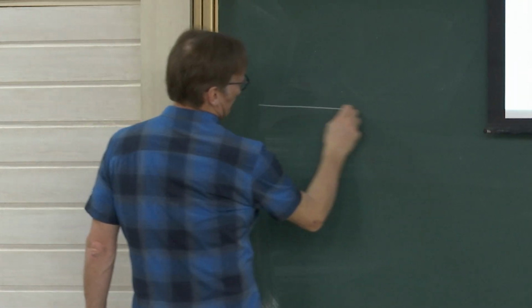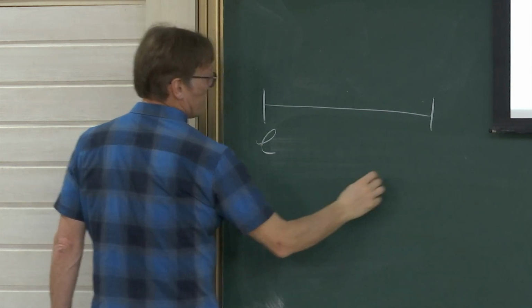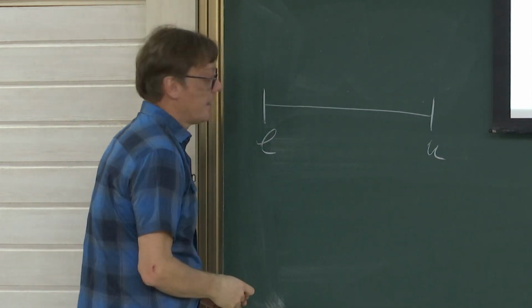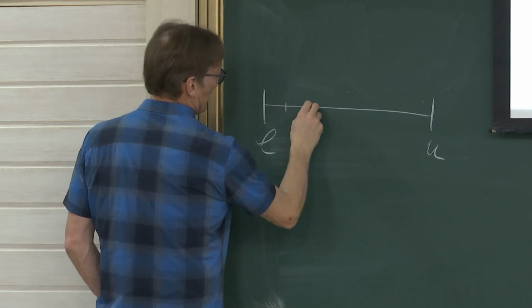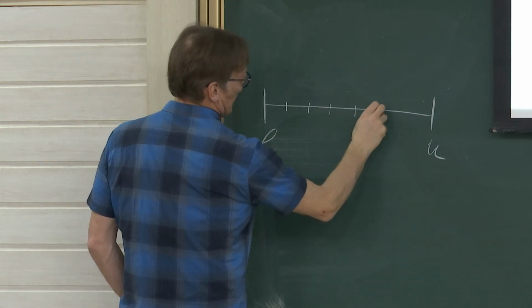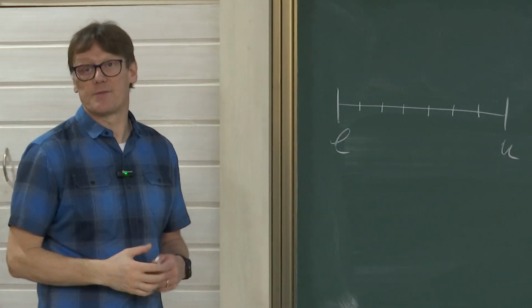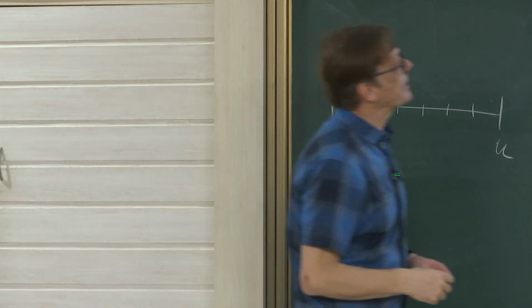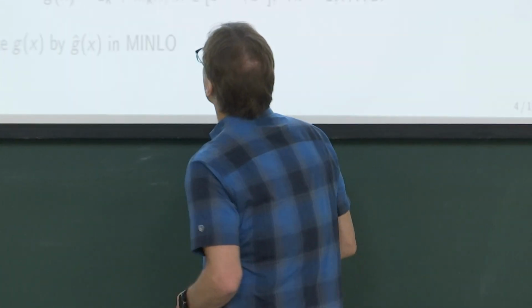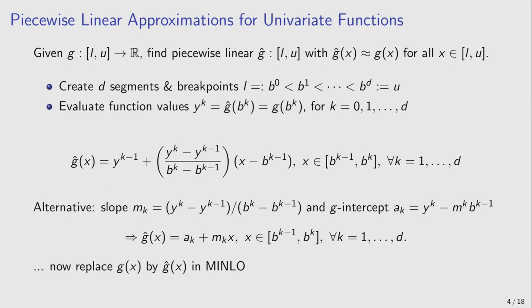I have my interval that goes from a lower bound to an upper bound, and I'm going to introduce D breakpoints, and I'm just going to assume that these are equidistant, but there's really no reason to do this. You can move them around to better approximate the function. And then at these breakpoints, I need to evaluate my function.